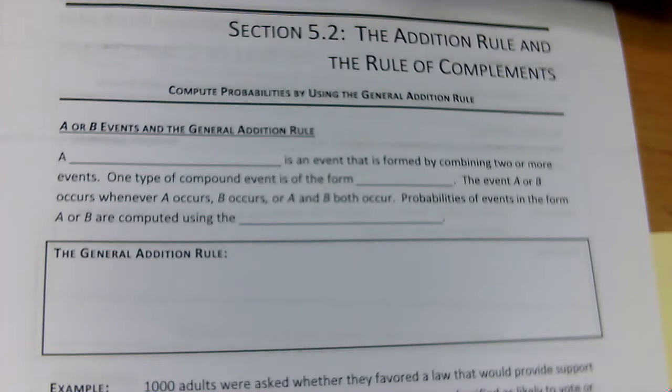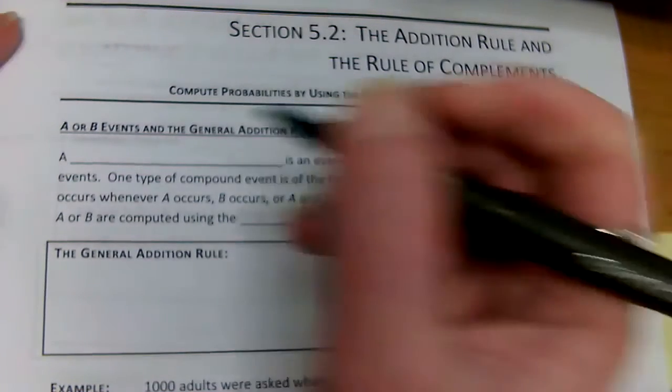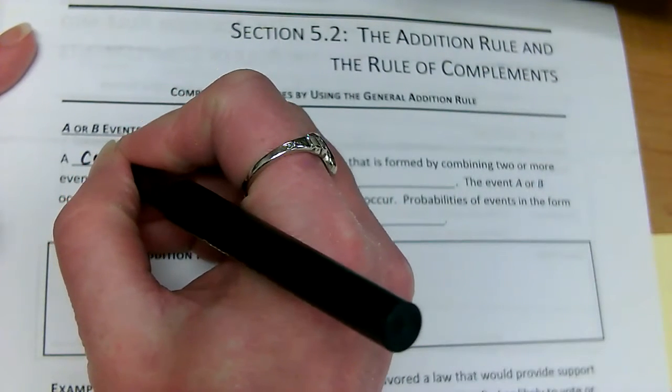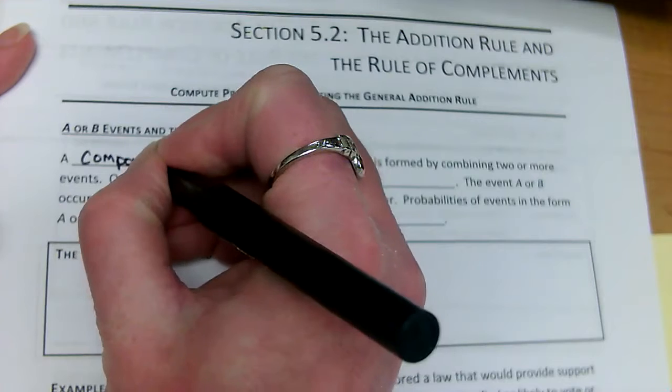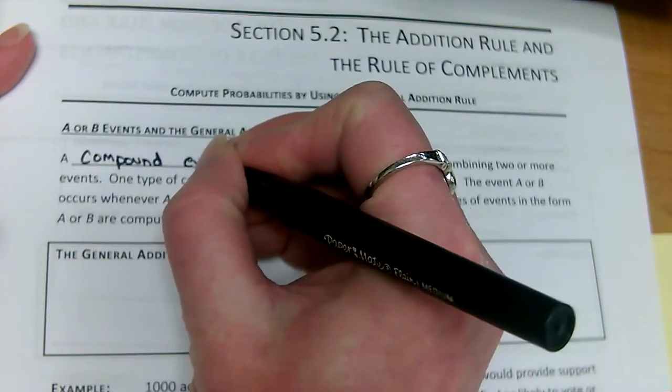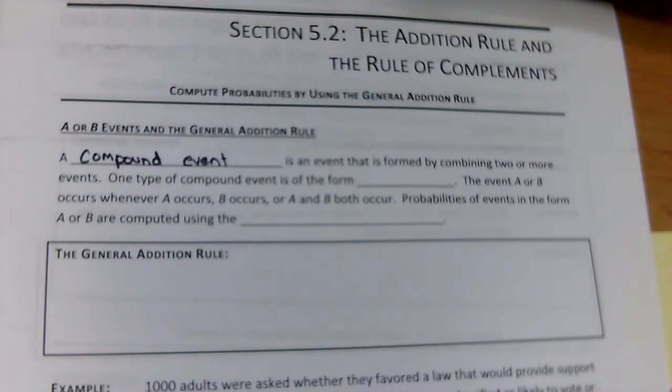Let's say we have more than one event going on. A compound event is an event that is formed by combining two or more events.